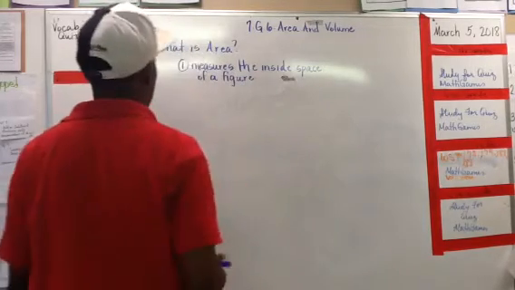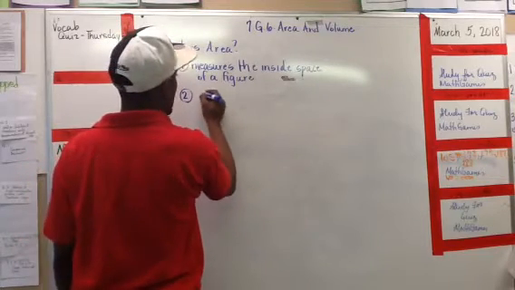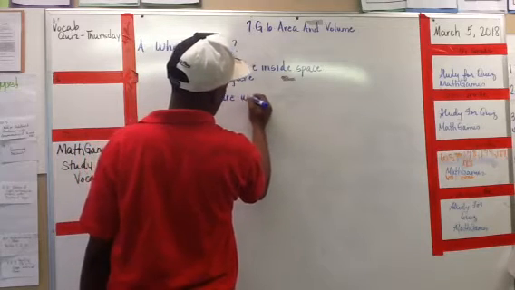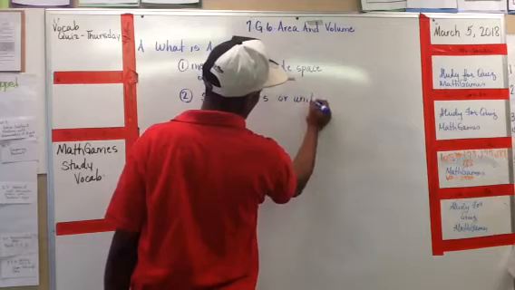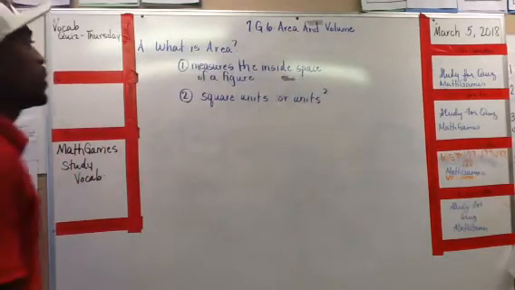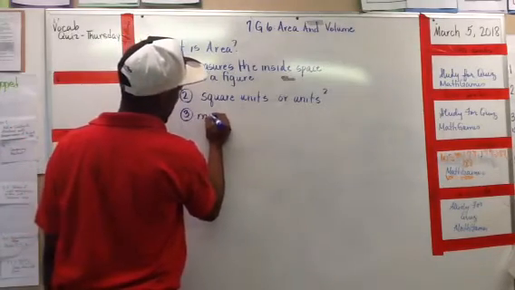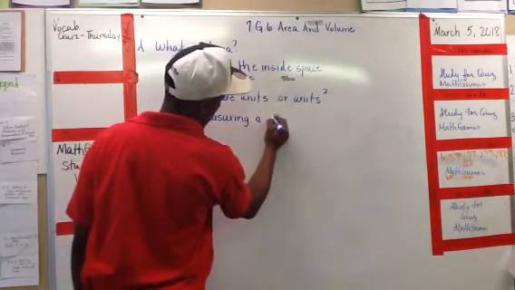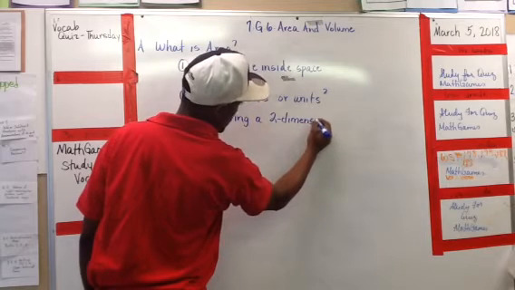When we think about area, we think about square units, or units squared. When we also think about area, we are measuring a two-dimensional space.